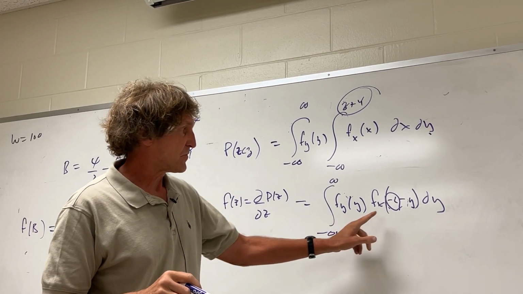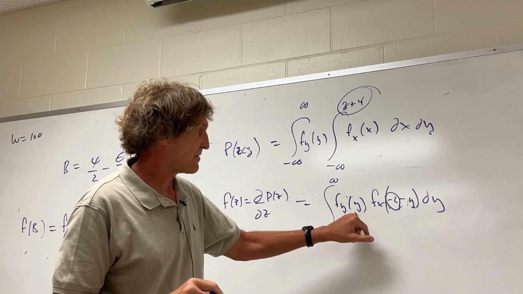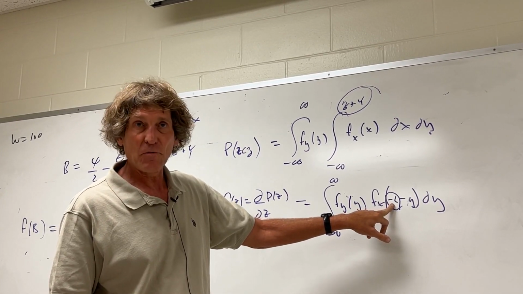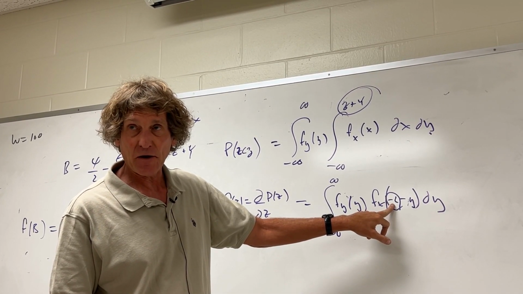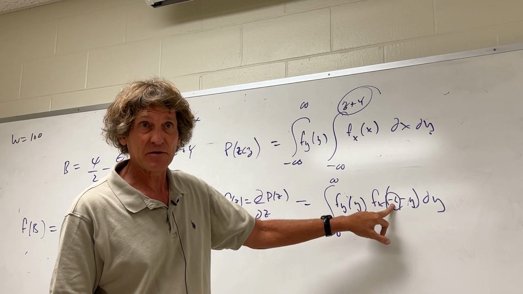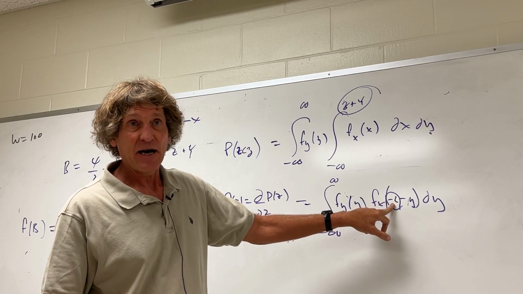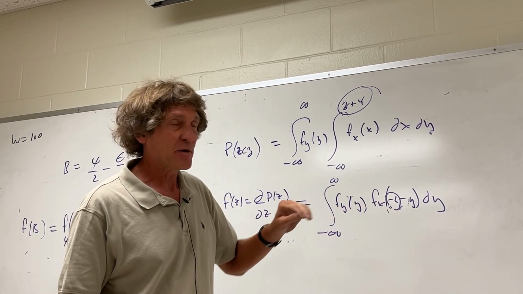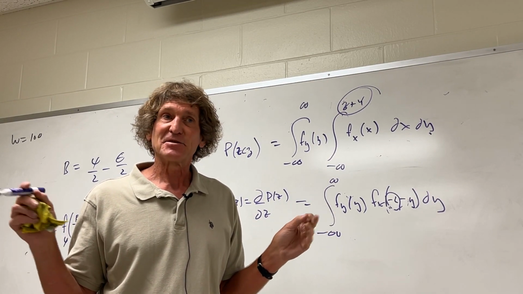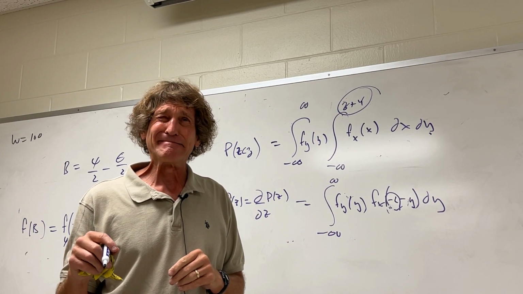Now you have the functional form that looks like convolution. It's f of y times f of x, but instead of the normal way to write z right here, I'm going to put minus z for a reason, because then the results of this convolution will have a sign. This argument will be minus z. Boy, I hope I said that right. You're going to see something. Just bear with me on this one.